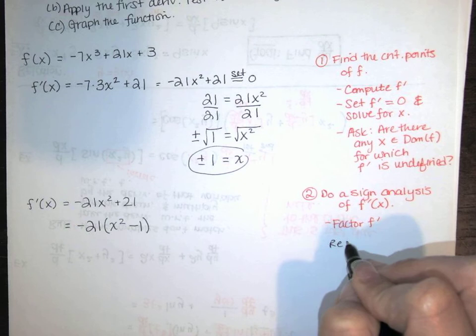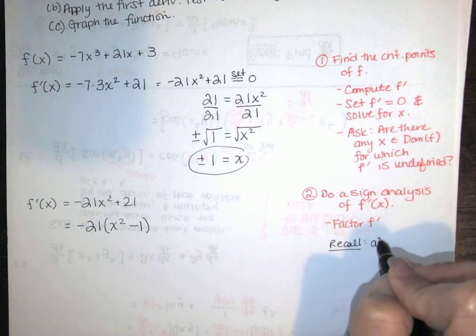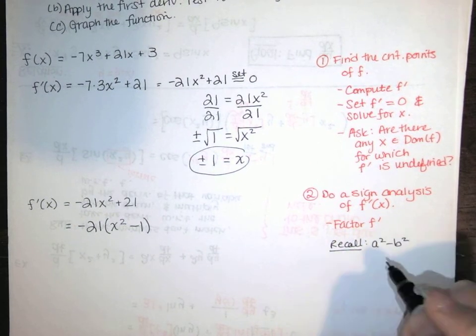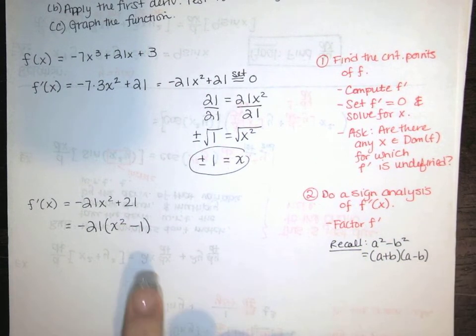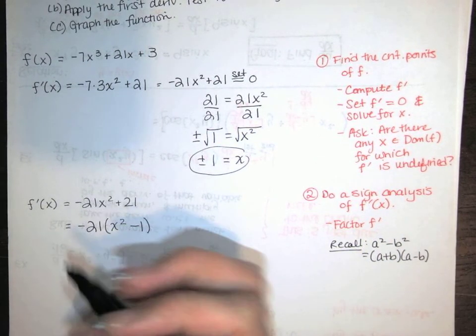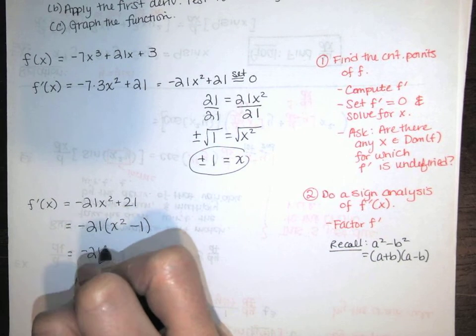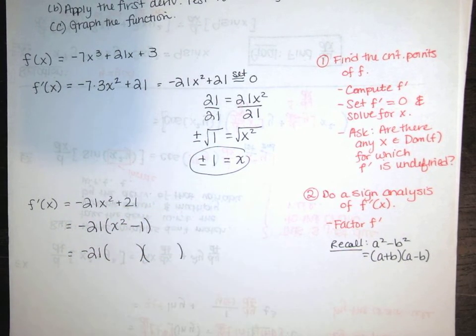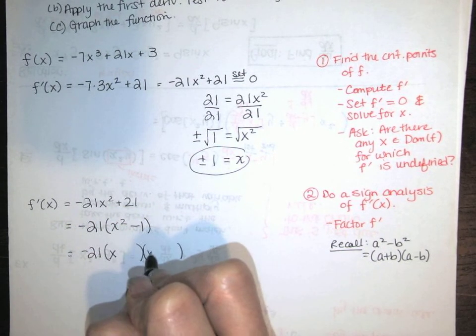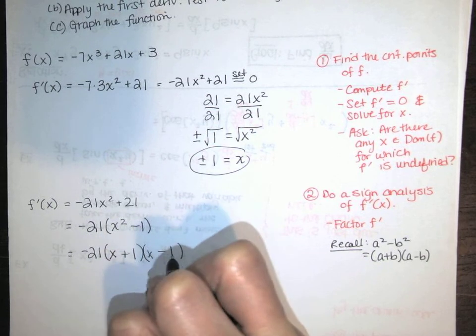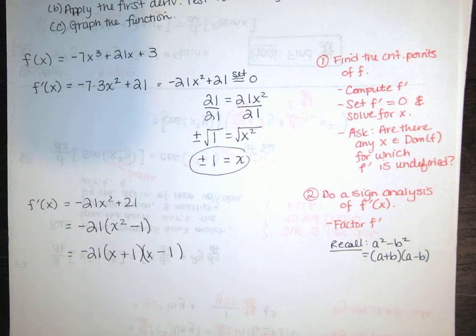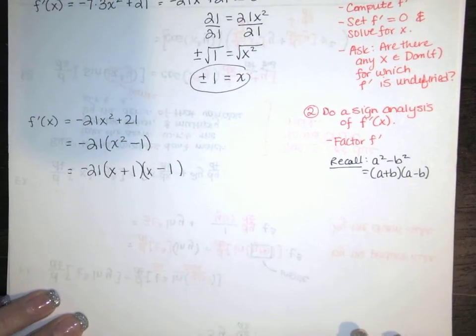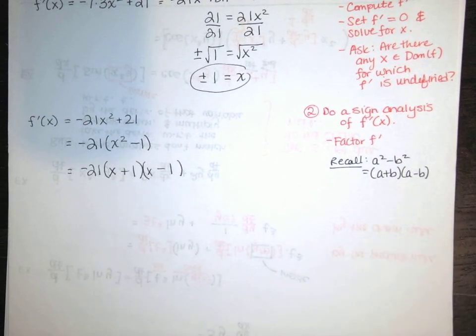Remember, if you're trying to factor a squared minus b squared, that's the same as a plus b times a minus b. And so my b squared here is just a 1. So I've got -21 times this. My a is x, my b is 1, so I'm adding 1 and I'm subtracting 1. Okay, so I've written my f prime in factored form using a special product. Might have to review this. There's going to be a lot of factoring in this chapter.